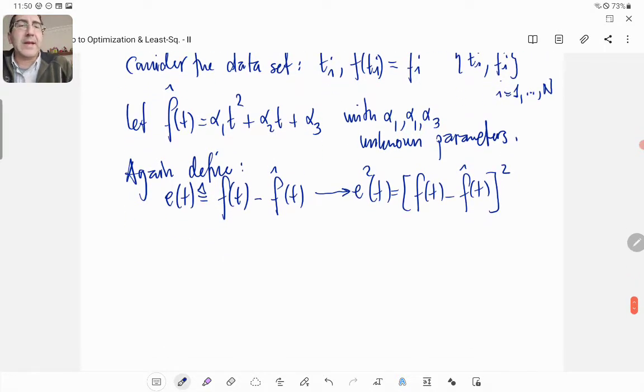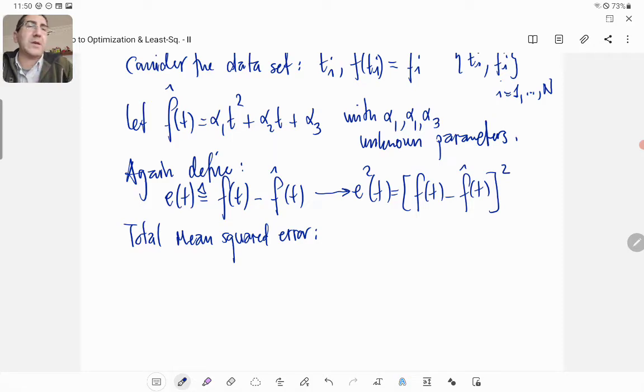Now the total mean squared error, or you can call it total or mean squared error, is the same thing because mean is nothing but a summation. So basically we have the sum over i from 1 to n of e square at ti.